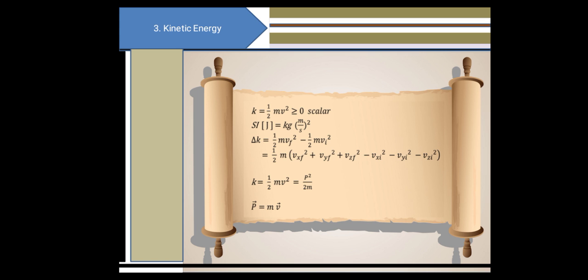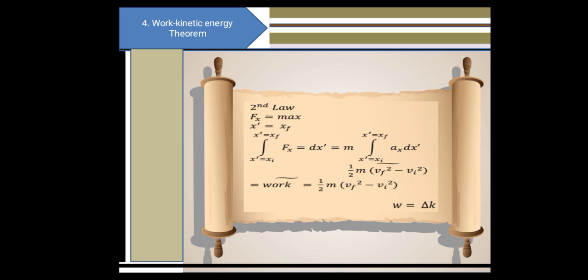How to relate momentum and kinetic energy? K is equal to half m v squared. Remember p equals m v, so K equals p squared over 2m. That is the kinetic energy expressed in terms of momentum.